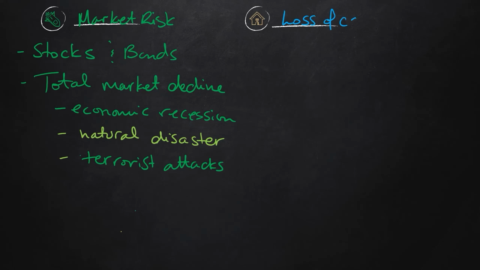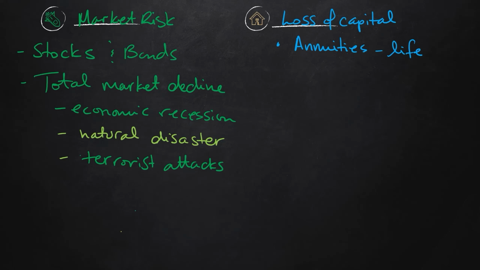Loss of capital. Loss of capital is about when you invest your money into something that you can't get it out of. And really the main one that falls under this category is annuities. With a life annuity, you can't cash it out. With a straight life annuity with no guarantees, the company does not continue those payments past 1 month after the beneficiary dies.